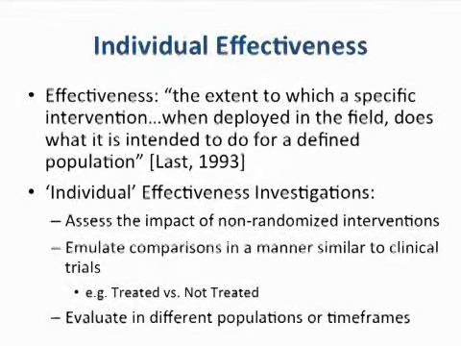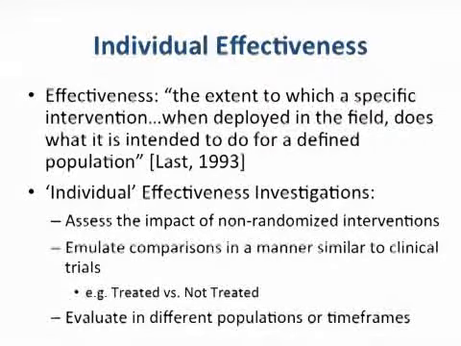And this contrasts with the idea of individual effectiveness. Effectiveness, again from your dictionary of epidemiology, can be defined as the extent to which specific interventions, when deployed in the field, do what they are intended to do for a defined population.